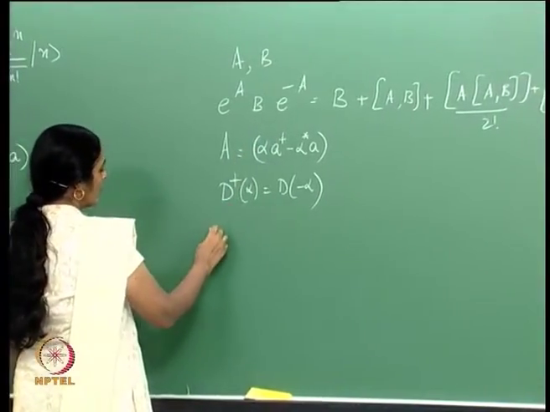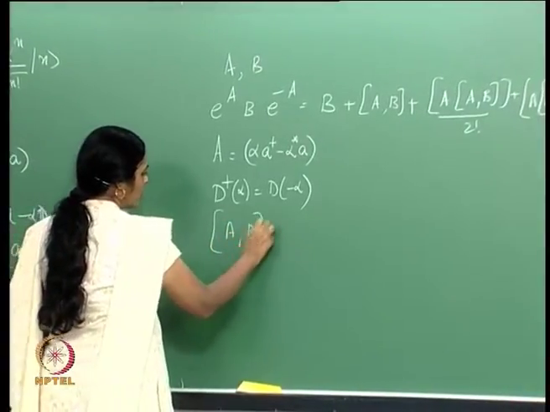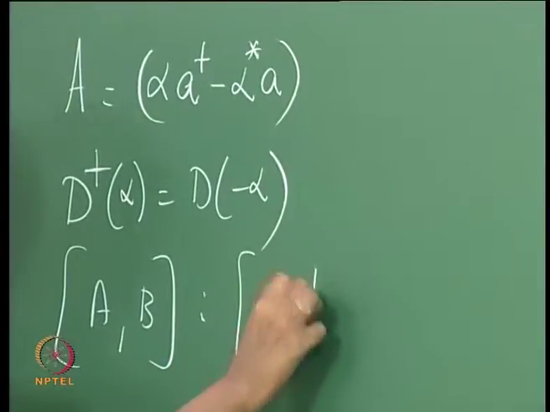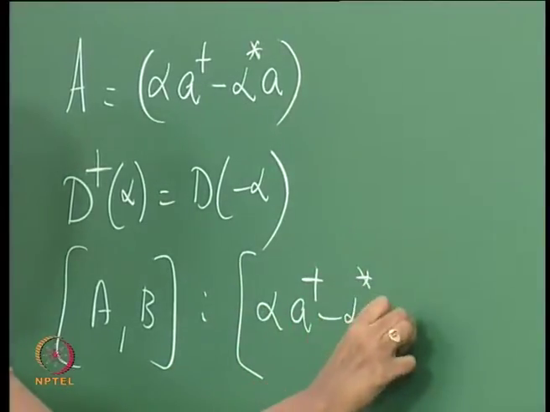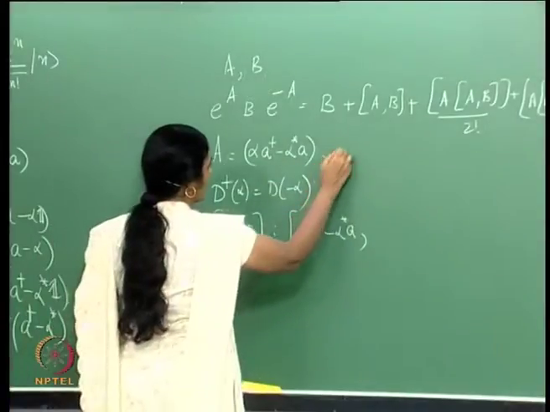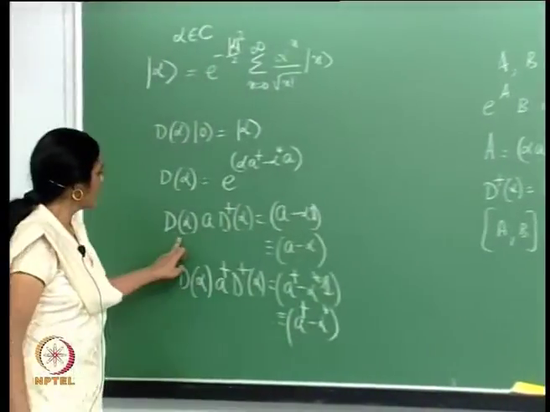And therefore, if I wish to find the commutator of A with B in this problem, that is the same as finding the commutator of alpha a dagger minus alpha star a with B, and B in this case is a, because I am trying to establish this identity.